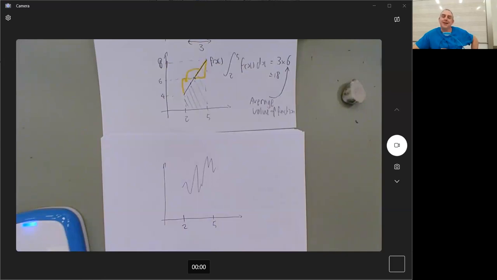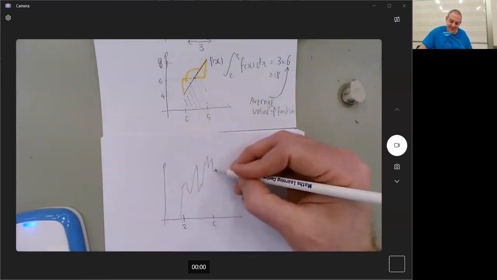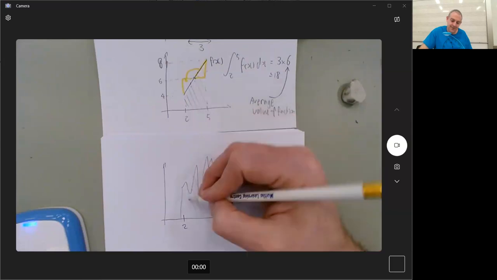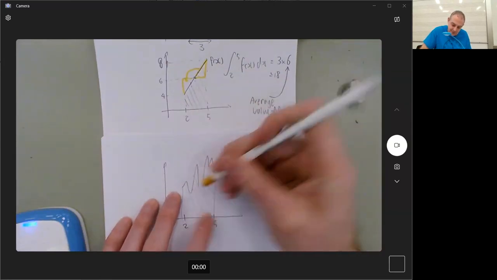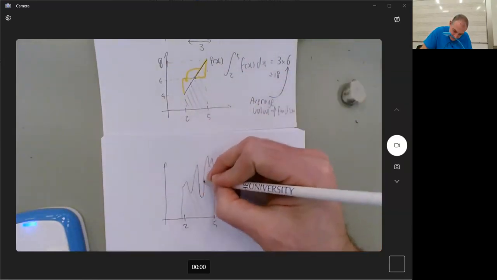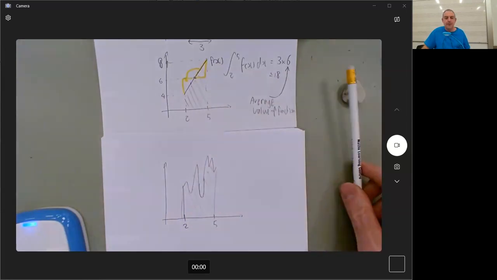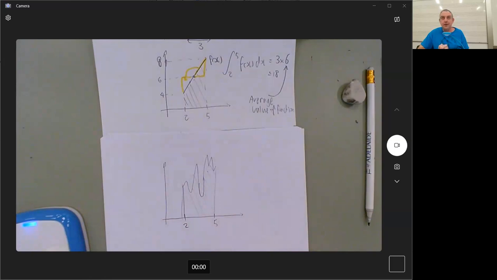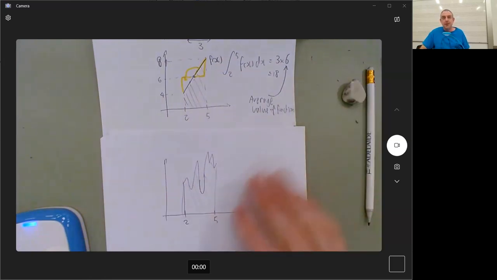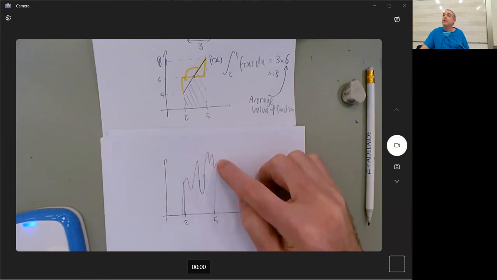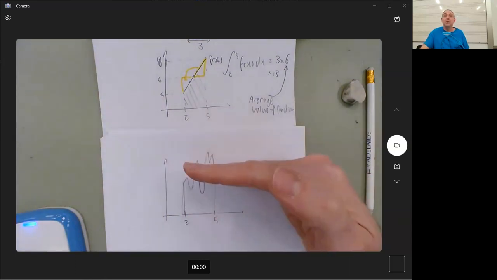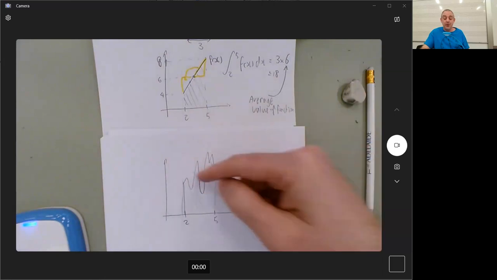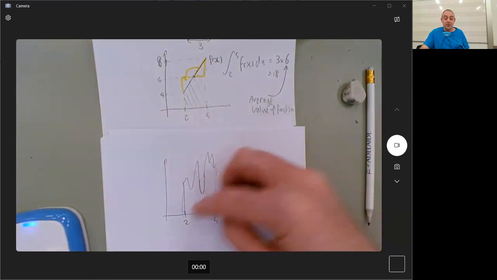Cool, huh? Okay. This function is not nearly so neat as the ones I've done so far. But if I could somehow average out these values to a horizontal line, then the area would be whatever that horizontal height is times this width.